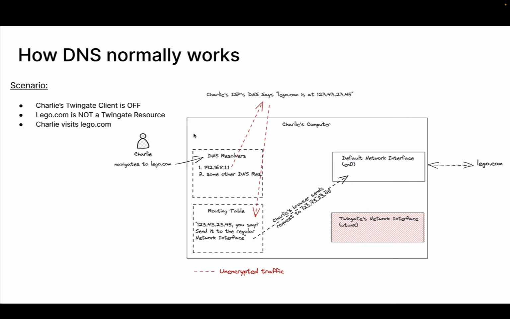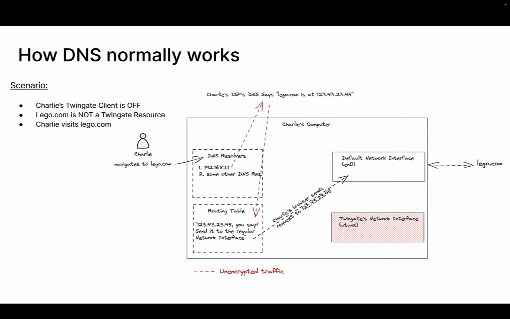Just a quick recap. When a user tries to connect to a fully qualified domain name, whether it's a fully qualified domain name on a public domain like lego.com or a private domain like corp.int, for instance, or really anything else, what happens on the machine is that the request for resolution is passed to the operating system, and the operating system checks its list of DNS resolvers.